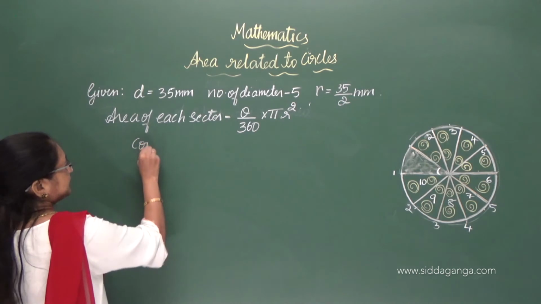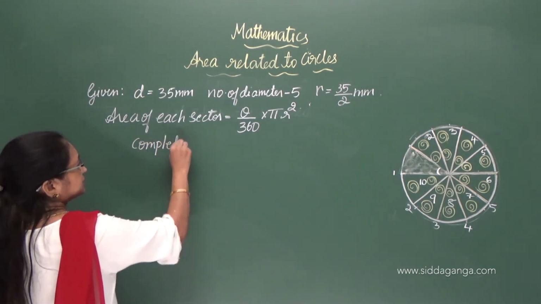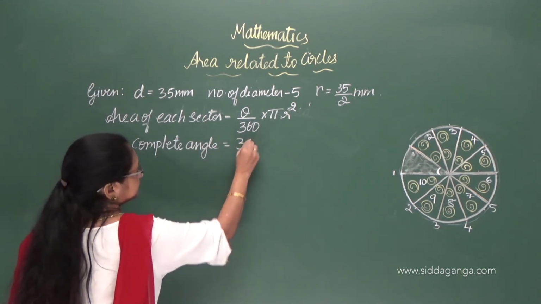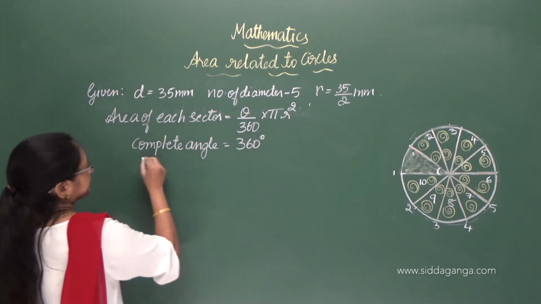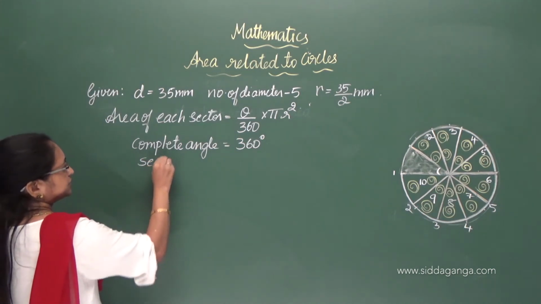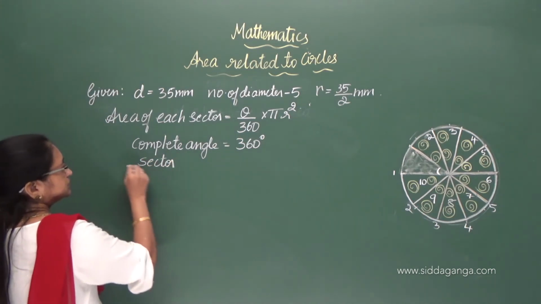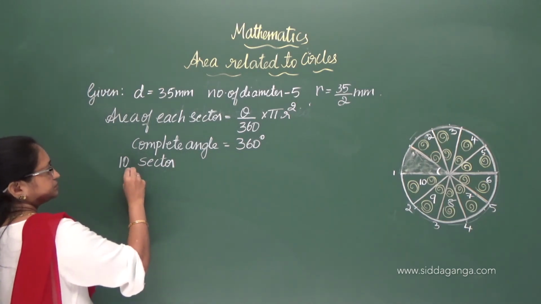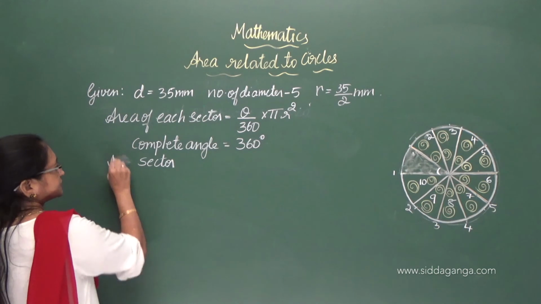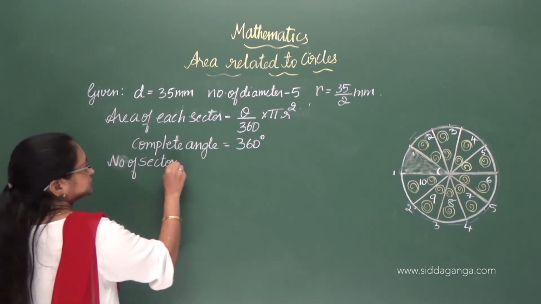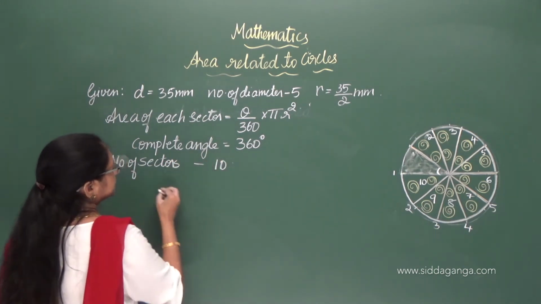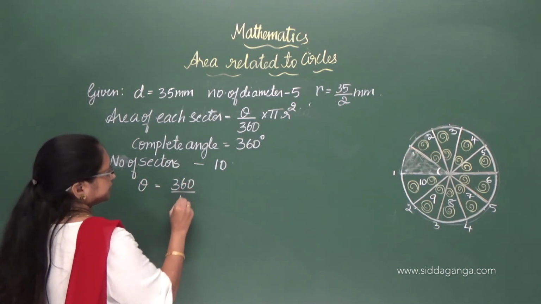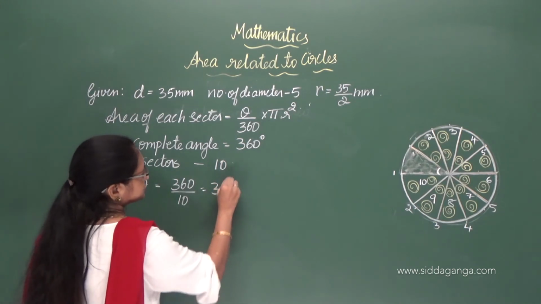Therefore, the complete angle at the center is 360, and it is divided into 10 sectors. So to get theta, 360 divided by 10 is equal to 36 degrees.